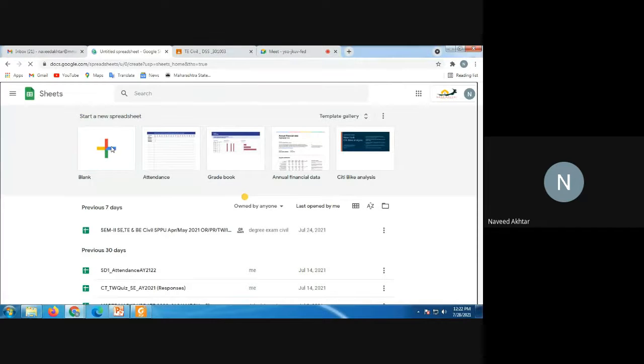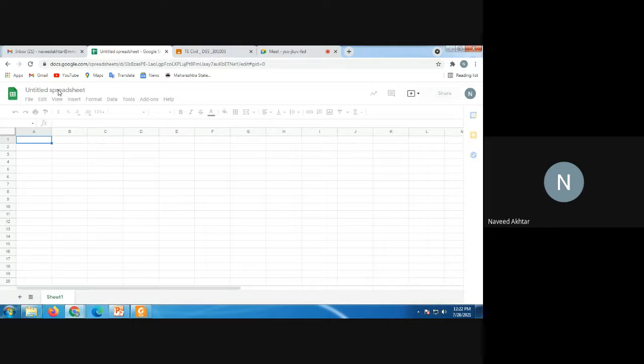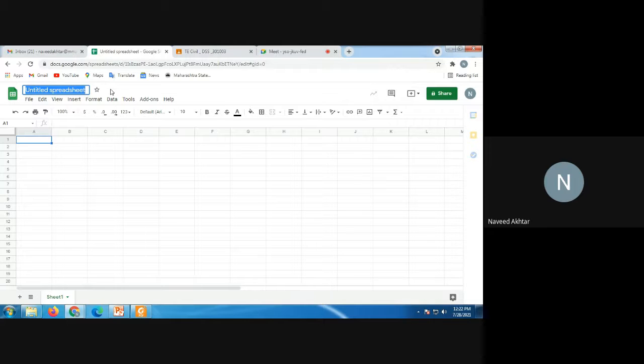We will make one sheet for your attendance, for your regular lecture and practical attendance. Attendance, T Civil, 2019 pattern.